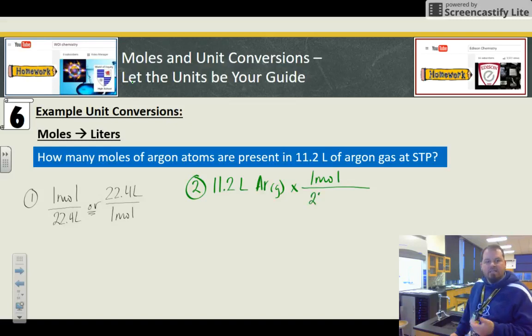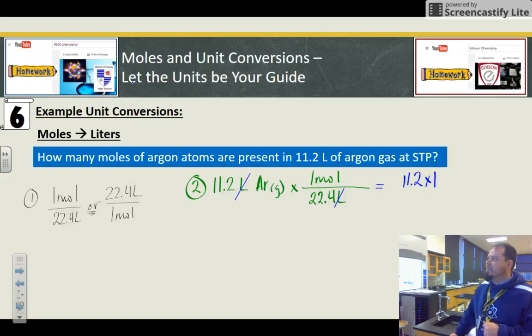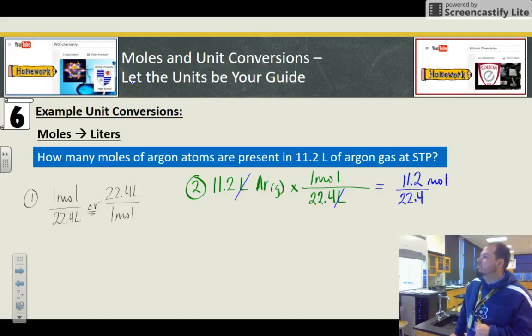That tells me I need to cancel out my liters by using the conversion factor with liters in the denominator. And this one we can do in our heads real quick. This is a 0.5. 11.2 divided by 22.4. Liters cancels and leaves me with moles. So you do the math, but that one we can do right in our head.